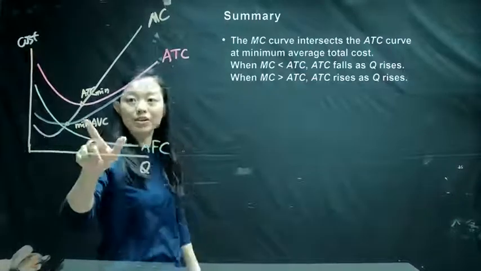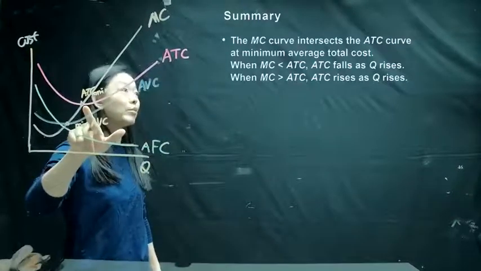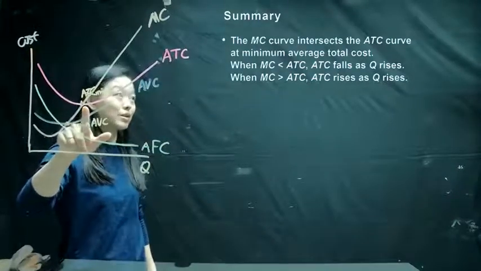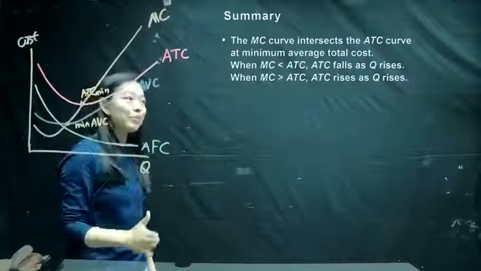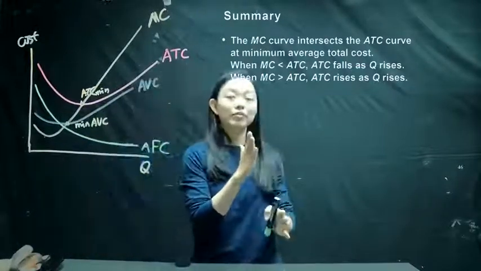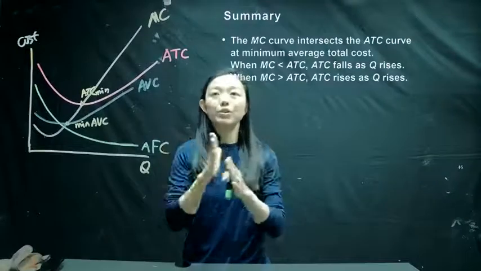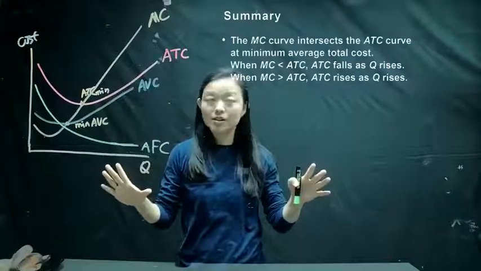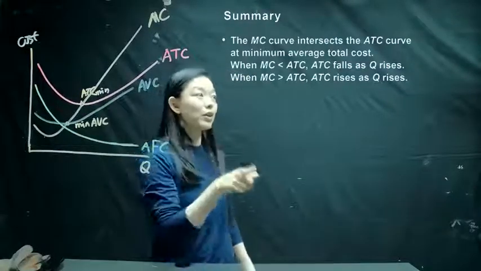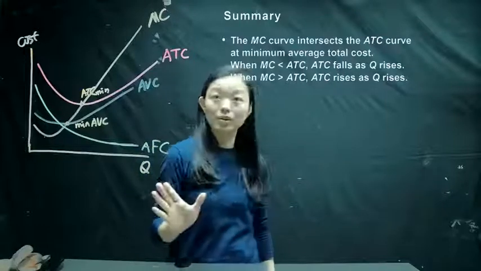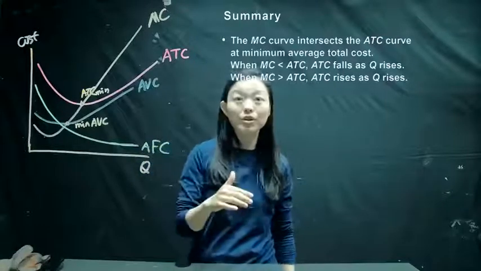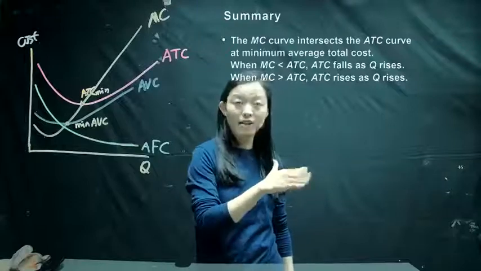The marginal cost curve intersects the minimum point of the average total cost curve. For that part, we divide the average total cost into two parts. When marginal cost is smaller than average total cost, average total cost will decrease as more output is produced.